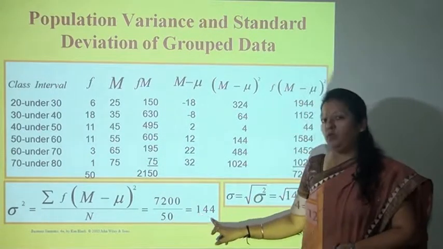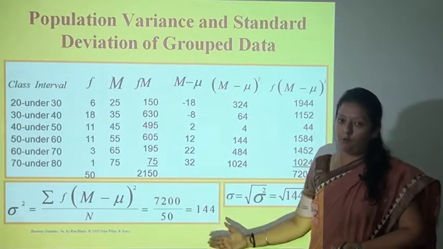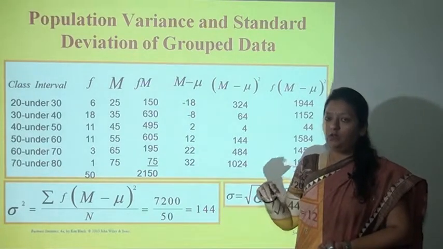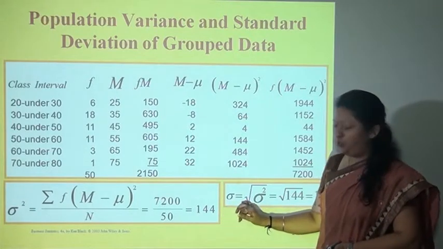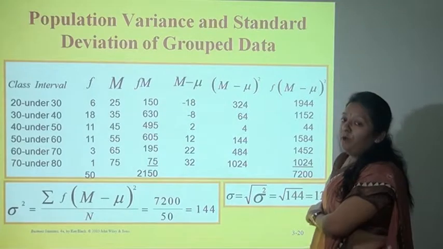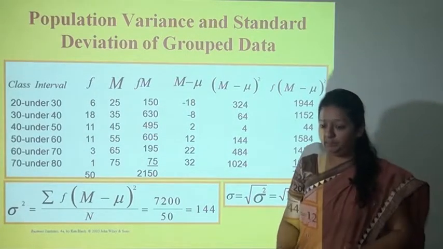So we get a population variance of 144. Now the population standard deviation is found using the square root of sigma square, which equals 12. Now, thank you.